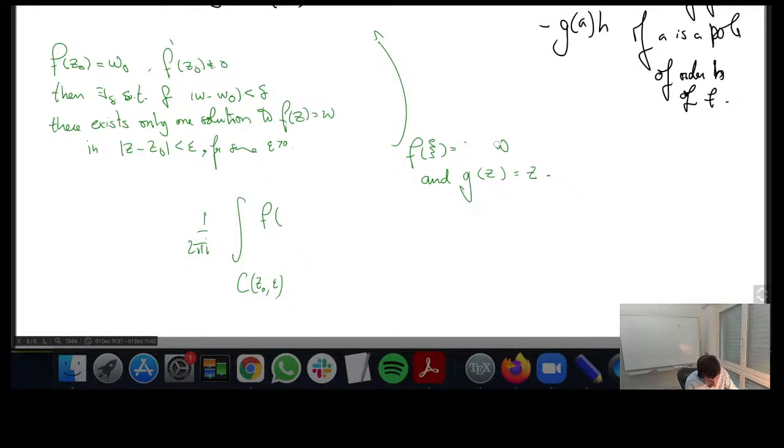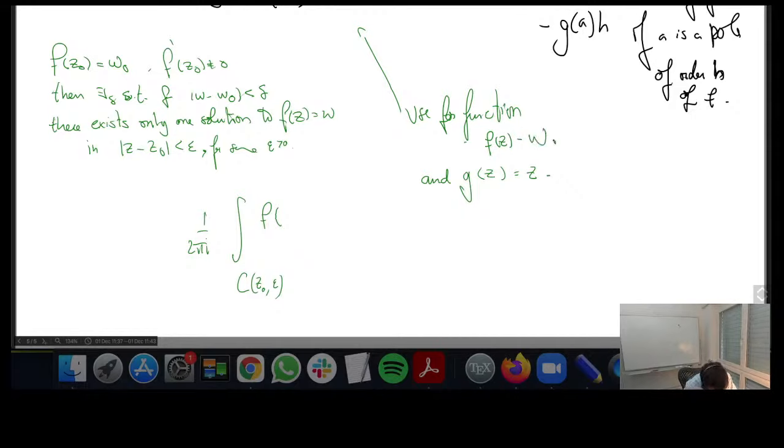Okay, so I'm going to use the above theorem for, I should say this instead, the problem is there are two f's. Use it for the function f of z minus w, right? So that's a function whose zero is the solution to our equation.